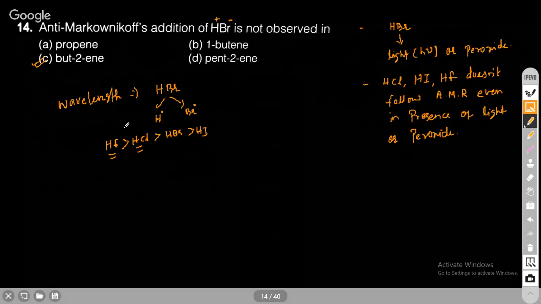In case of HI, the bond strength is low, but since iodine is a bigger atom, the I radical is not that much reactive, right?